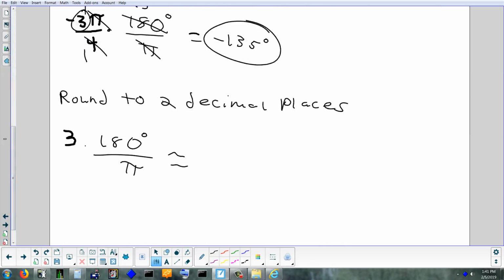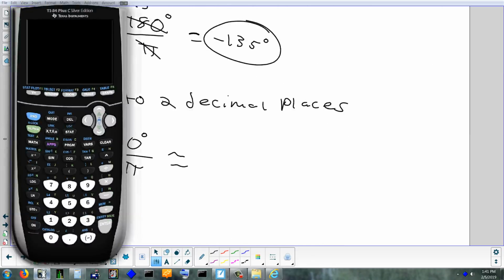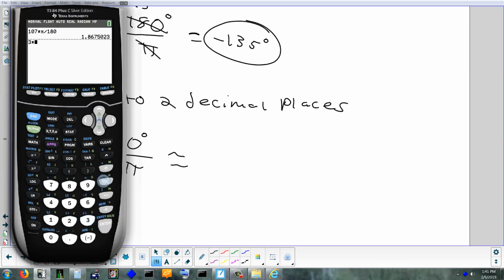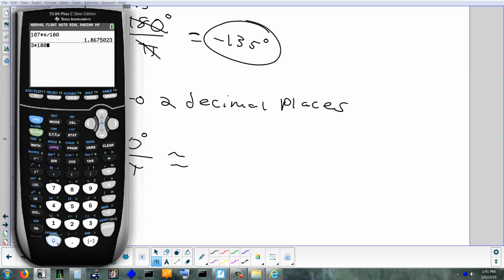Okay, I'm going to type it in, and the first way I type it in, I'm going to use the pi button, which is the correct way. And then I'm going to do 3.14 and show you how much off the answer is. So we've got 3 times 180, which is 540, divided by pi. So it's 171.89, and that's degrees. So do I need the circle? Yeah, I need to put that.